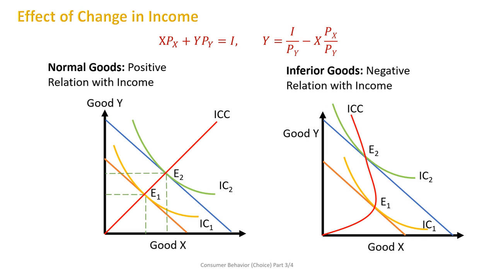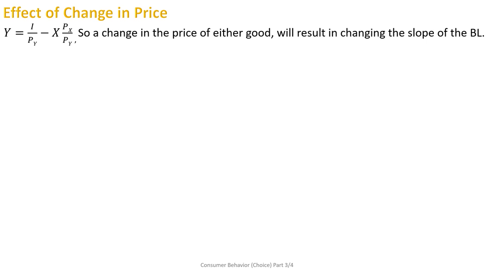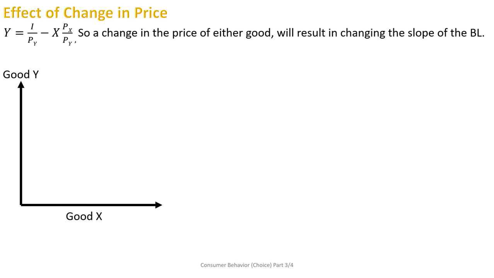Now the effect of change in price. We know that a change in price of any good will result in changing the slope of budget line. Let's assume that a consumer is in equilibrium at E1 given his income and the prices of both commodities.